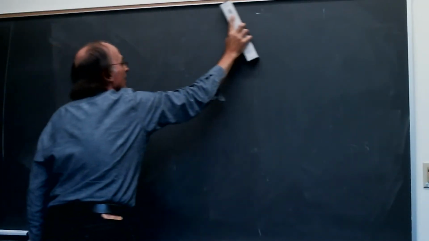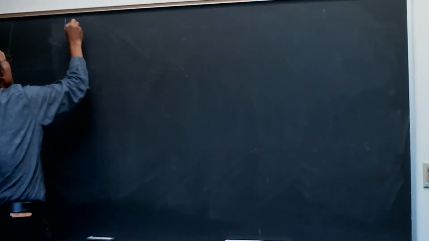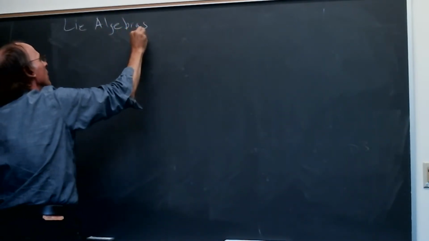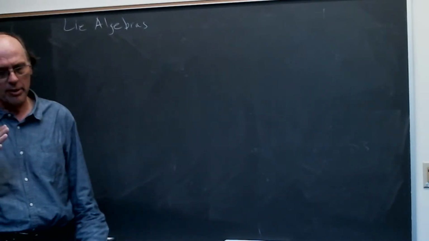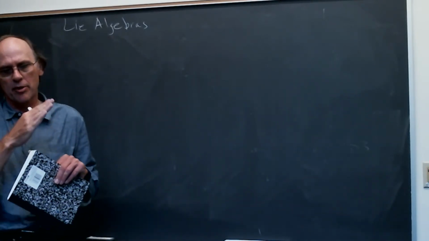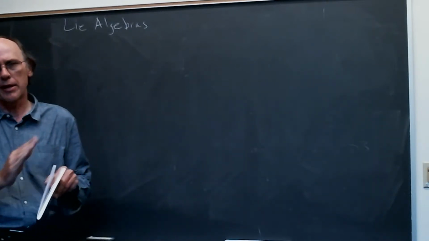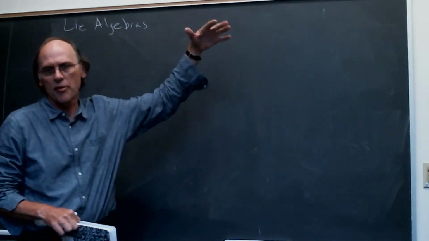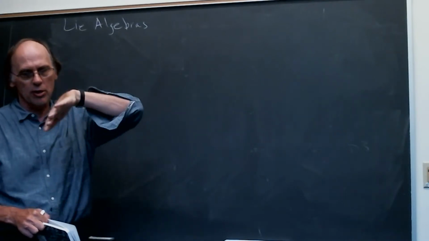Remember that the Lie algebra, geometrically, is the tangent space at the identity, but the difference between SO3 and SU2 is you only see it globally.